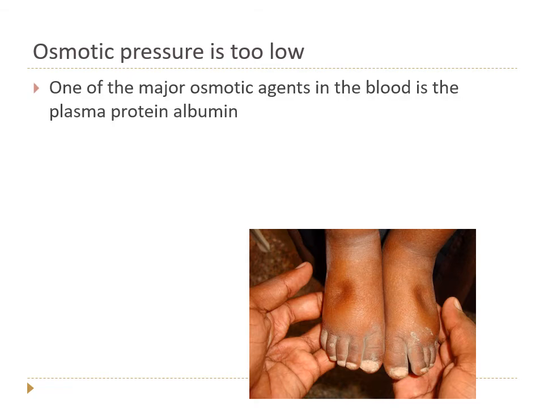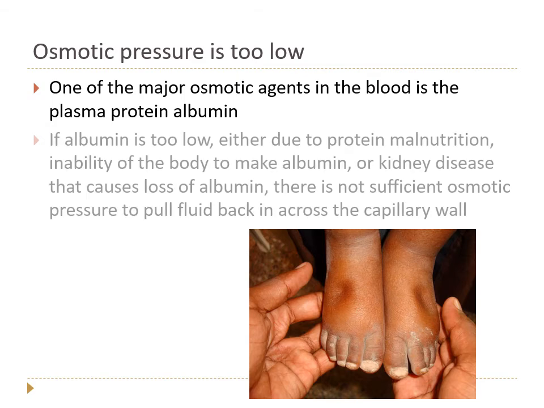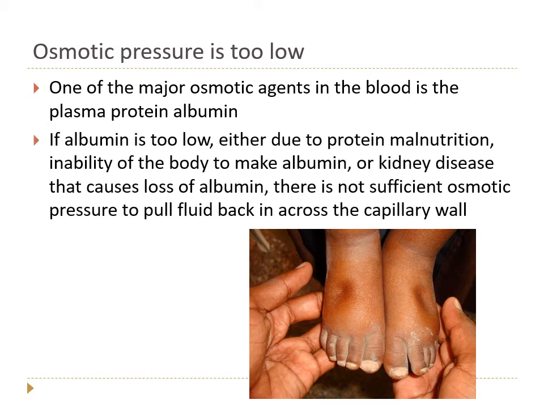So if you don't have enough albumin, either because of protein malnutrition, albumin is a protein, you need to be ingesting amino acids in order to produce it, some type of liver problem that makes your body unable to create albumin, or a kidney disease that causes you to lose albumin in your urine. If you don't have enough albumin, your osmotic pressure is too low, therefore edema will result, right? So edema is from leakage of fluid, excess fluid leaking out from the bloodstream into the tissues.